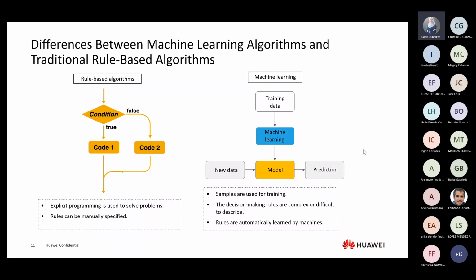But to do that well, the system needs a large amount of data, and that's a big reason why machine learning has exploded in popularity and applications in the last few years. So I hope now you can see the difference and the importance of machine learning algorithms versus rule-based algorithms, the traditional way.